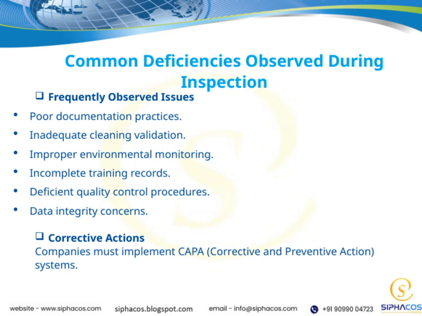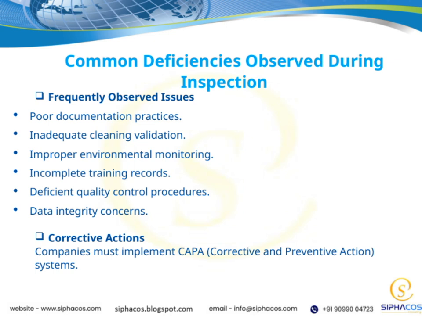Environmental monitoring is sometimes done improperly, which can fail to detect potential contamination risks in the manufacturing environment. Incomplete training records are also observed, indicating that staff may not be sufficiently trained or that their training is not properly documented, affecting overall product quality.